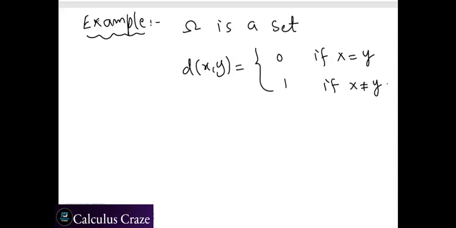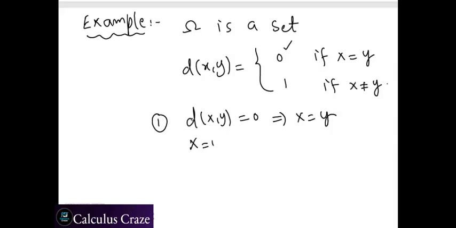Now you can check. If the distance between x and y is 0, this piecewise function gives you x equals y. And if x equals y, then this piecewise function gives you a distance of 0.